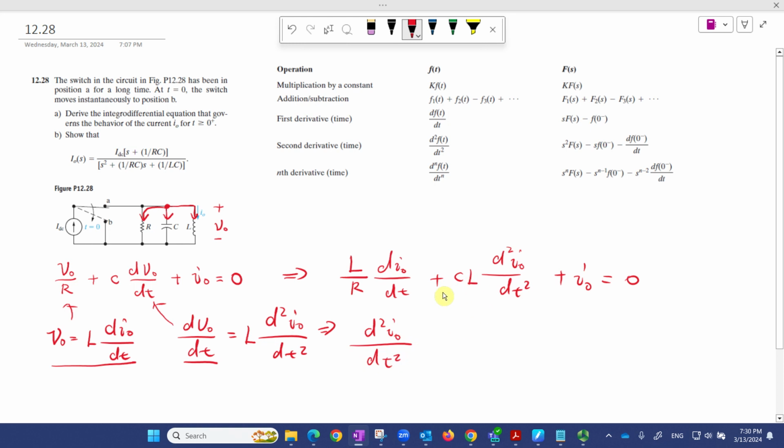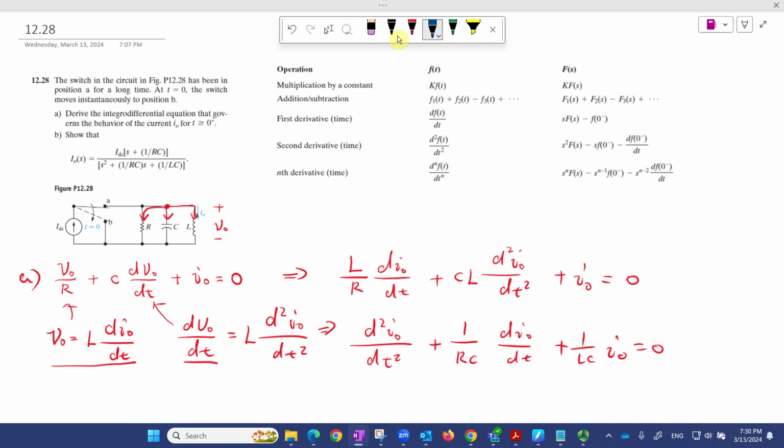And we divide every term by CL. So the second one divided by L becomes 1, with a C down here, this is dI0/dt, plus 1 over LC times I0 equals 0. That's the first question, so this is part A.